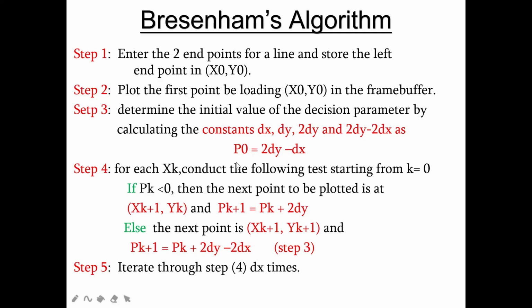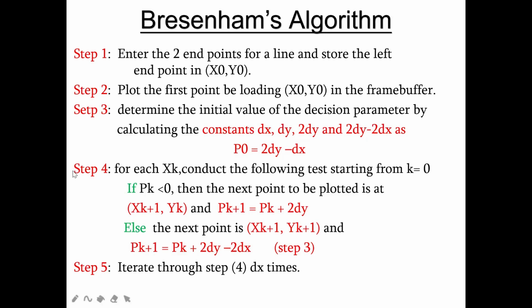So this is just one example algorithm. In your question paper, when you have the question, you are going to solve it step by step. Once you find this first p0, you already know how we got this 2 dy minus dx. It is not necessary to explain that here. Just write down directly in your step 3 that p0 equals 2 dy minus dx.